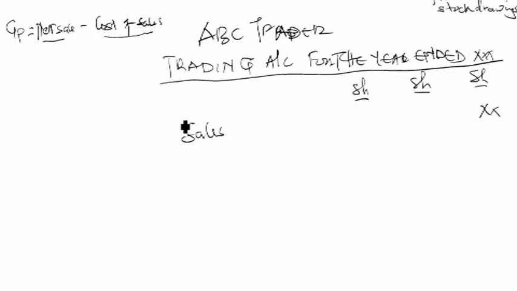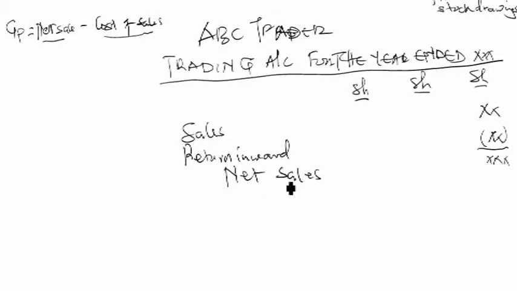We have already said it's being adjusted by return inward, or what the customer have returned in the business. Probably it was not well packaged, probably was not the standard of the customer, and have returned. Then what you are getting here is what we are calling the net sales. That is it. So we have already adjusted this part.